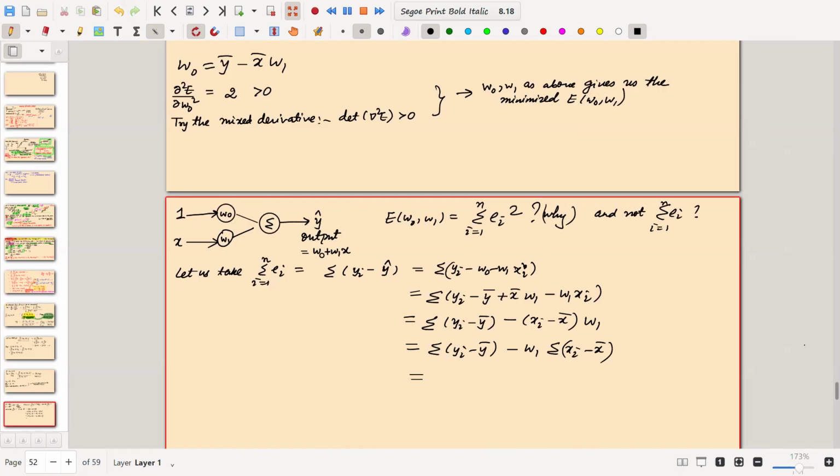Think very carefully. What is this quantity? Shall I explain?